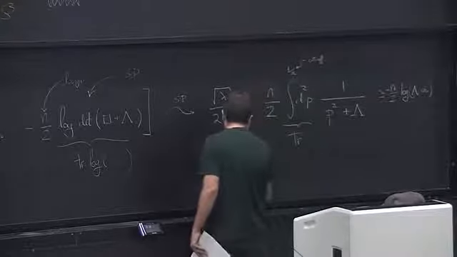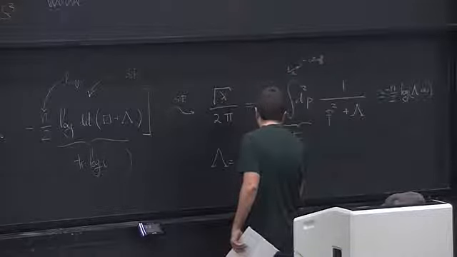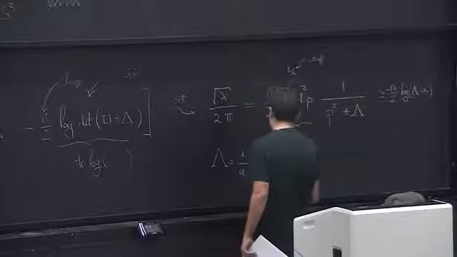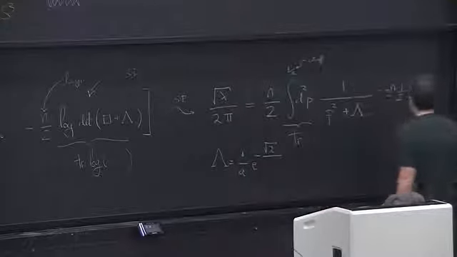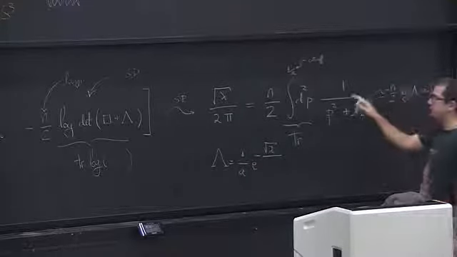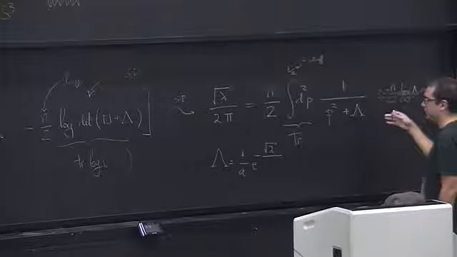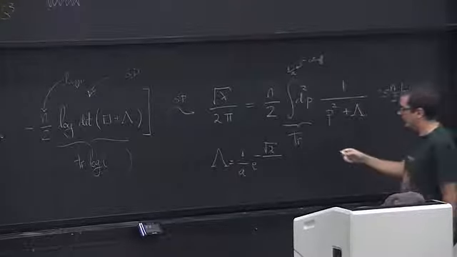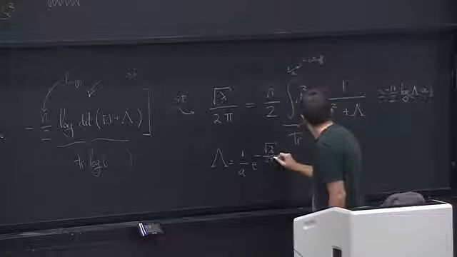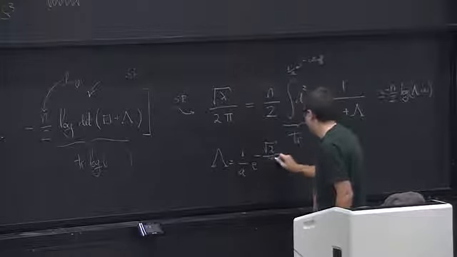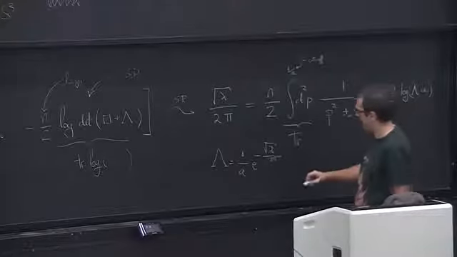But I know what it should be. So it should be 1 over a e to the minus square root, multiply by that, divide by that, put a minus, exponentiate. E to the minus square root lambda over pi small n. Yeah, something like that.